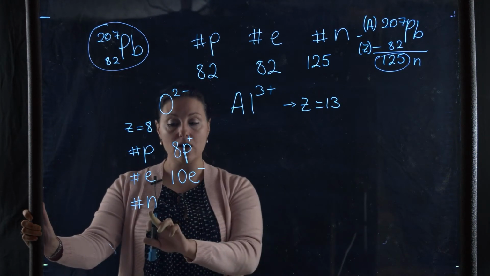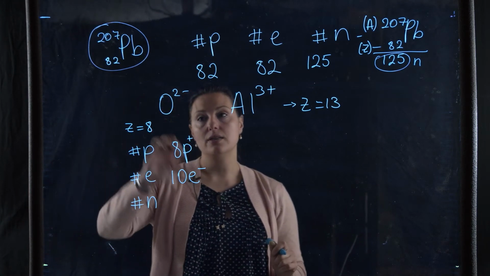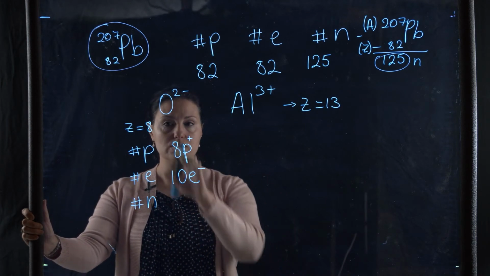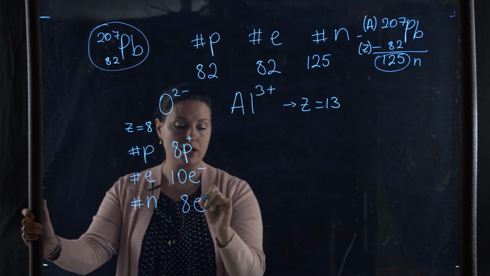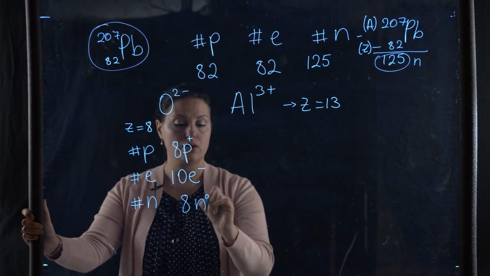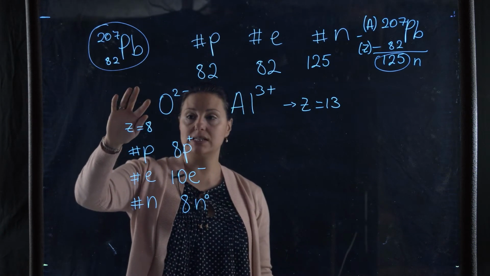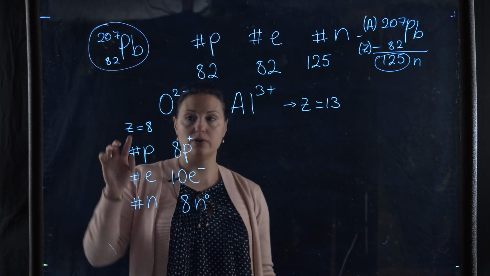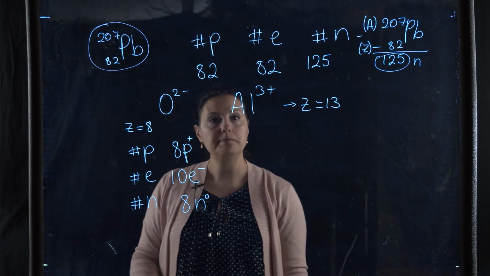And then to figure out what the number of neutrons is, if you look up the oxygen, the atomic mass of oxygen is 16. My Z is 8. So if I do A minus Z, just like I did for lead, 16 minus 8 gives me 8, which is 8 neutrons.